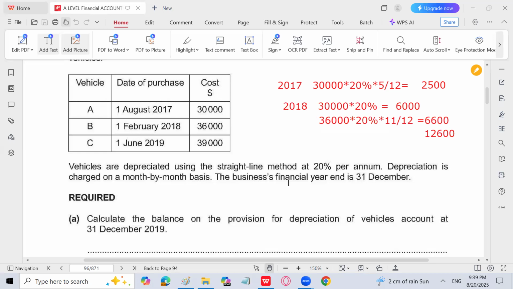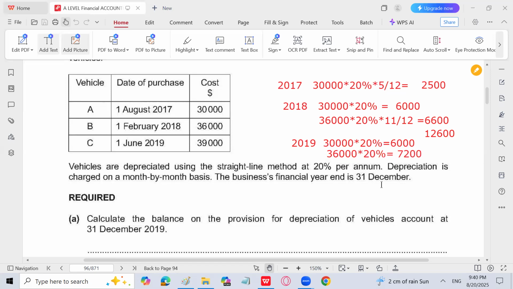Now I'm going to calculate depreciation for 2019. So now we have three assets. The 30,000 is still with us at the rate of 20% for the whole year. That is 6,000 again. The 36,000 asset is also with us. It was used 11 months in the previous year, but in 2019, it is used for the whole year.